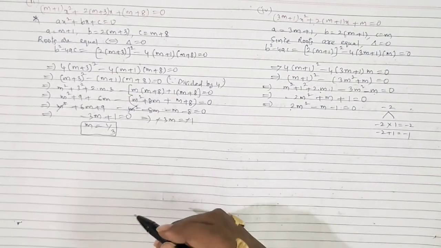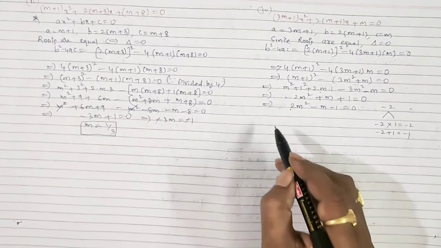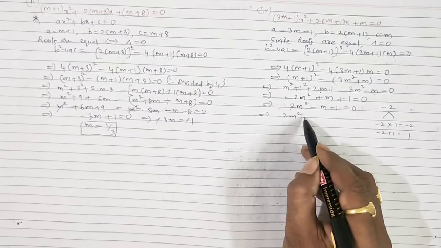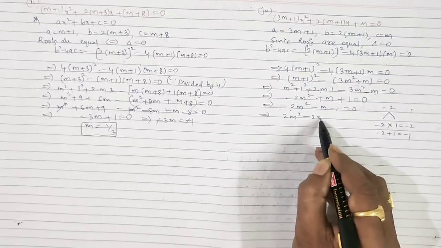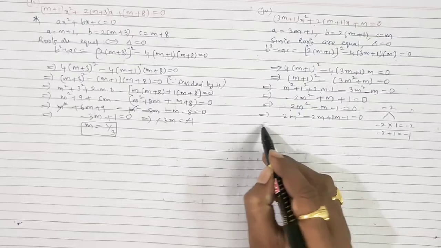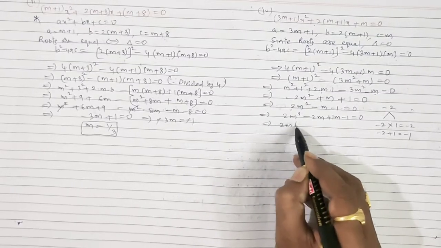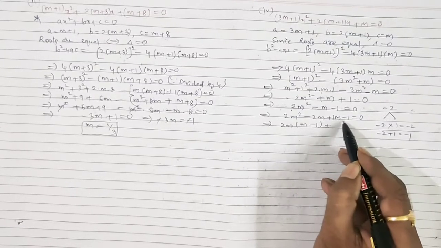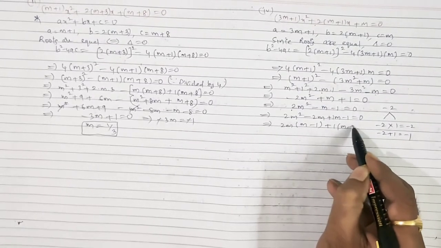Very simple, is it? Now splitting the middle term like this: 2m square minus 2m plus m minus 1 is equal to 0. Take out 2m common: 2m into m minus 1, plus 1 into m minus 1, is equal to 0.